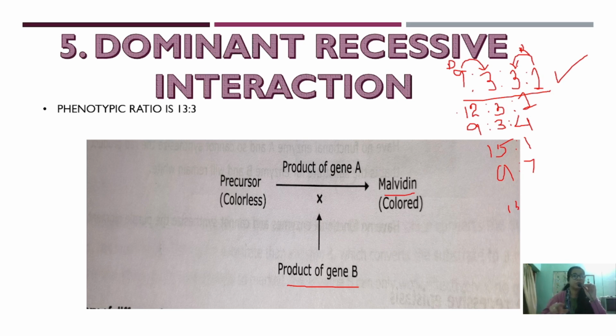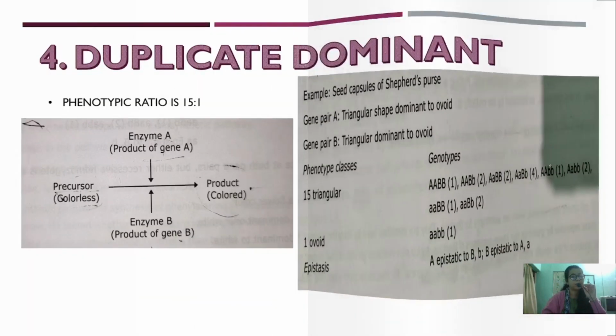Same in case of recessive: when you are adding up for the normal recessive, one time, and for the duplicate recessive you need to add two times. So remember these ratios. They are very important because they are asked in the exam, and whenever you are writing in the exam, this will be very helpful.